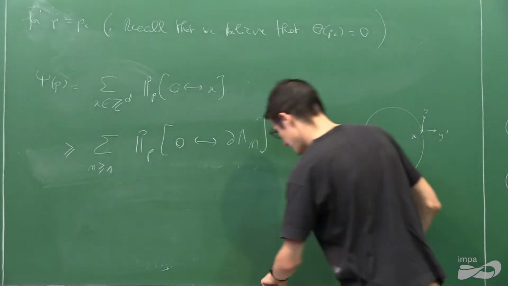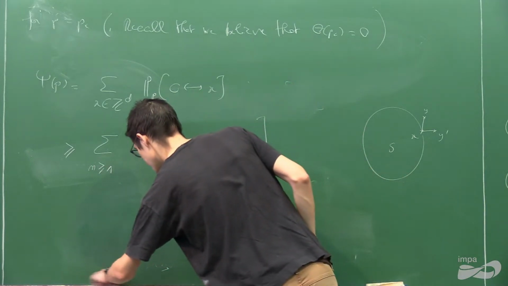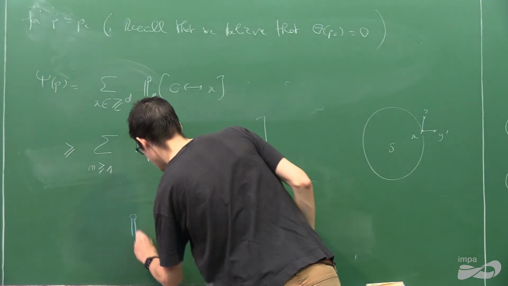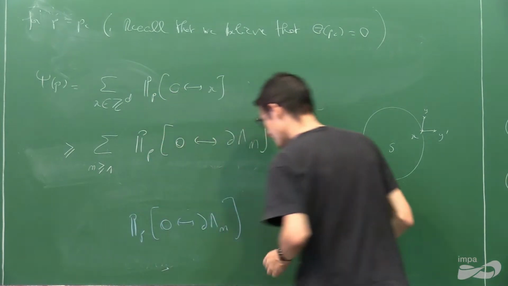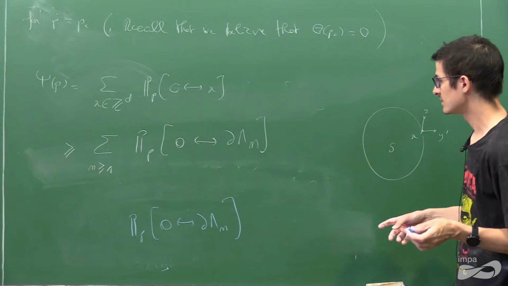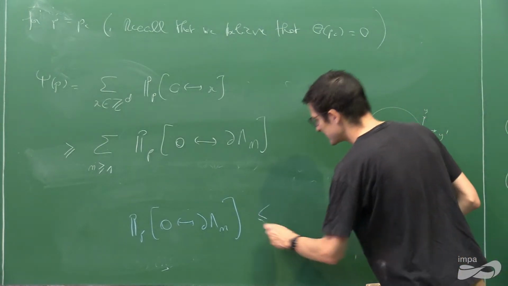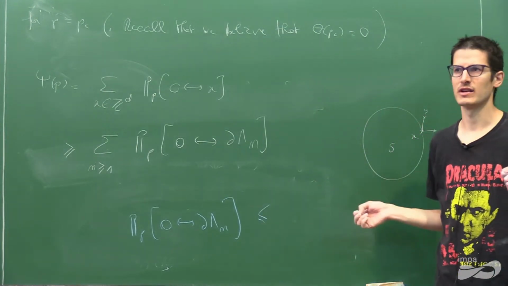Well, it's simply because this thing is the probability that there exists an x on the boundary which is connected to 0.